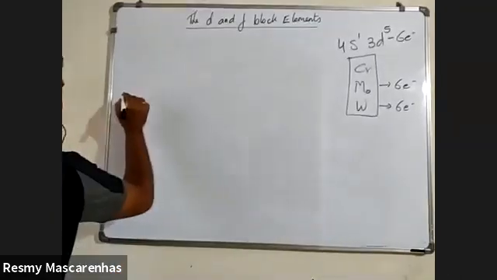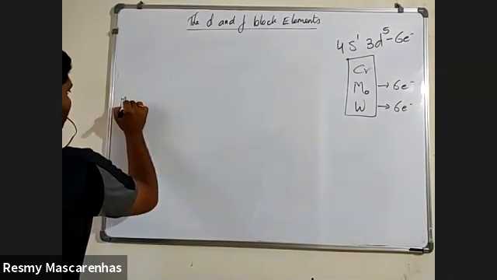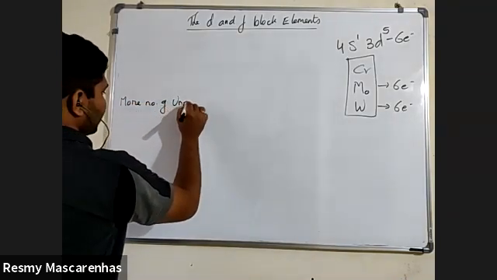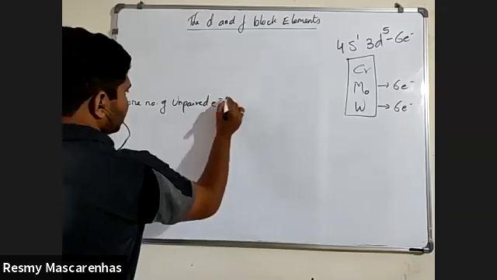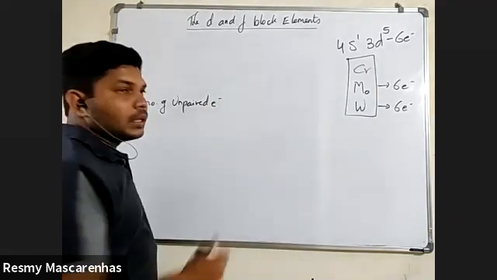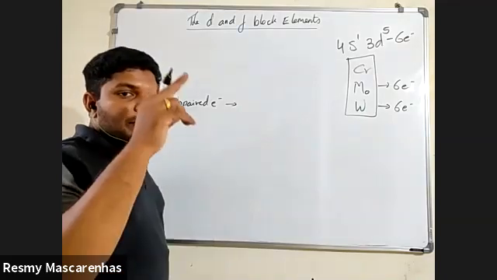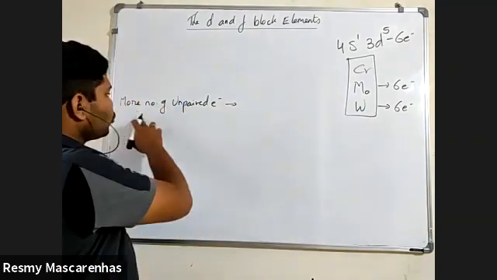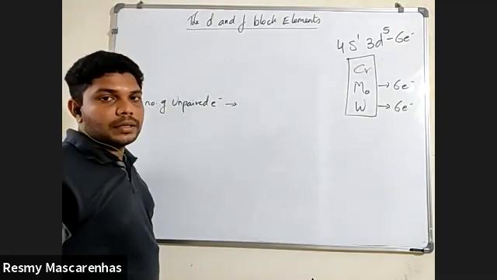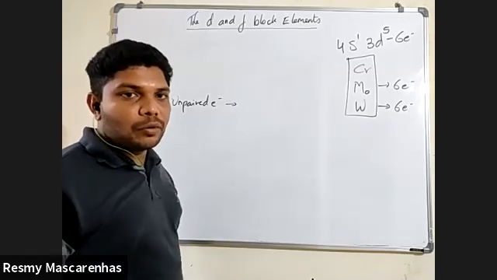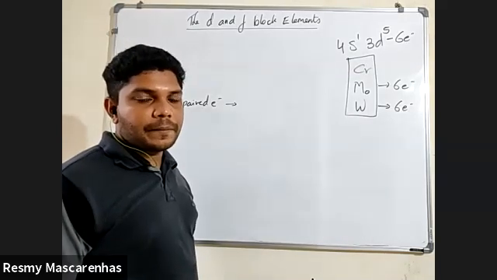Okay, now I am asking you about more number of unpaired electrons. Students, among first transition, second transition, third transition series, which element is having more number of unpaired electrons? Chromium, molybdenum, and tungsten. Very good. So these have more number of unpaired electrons.